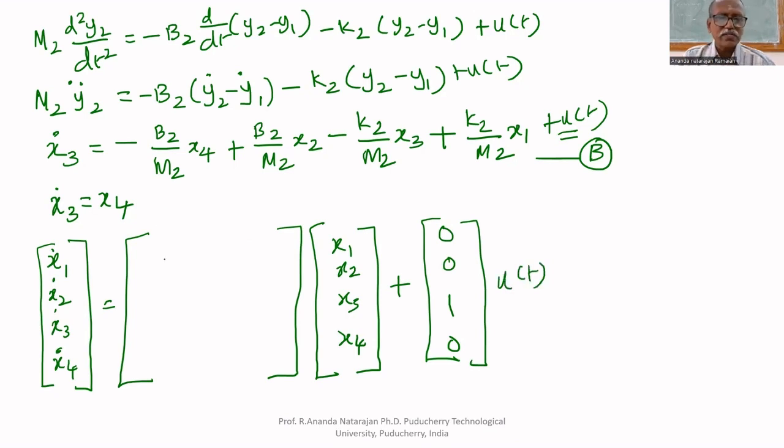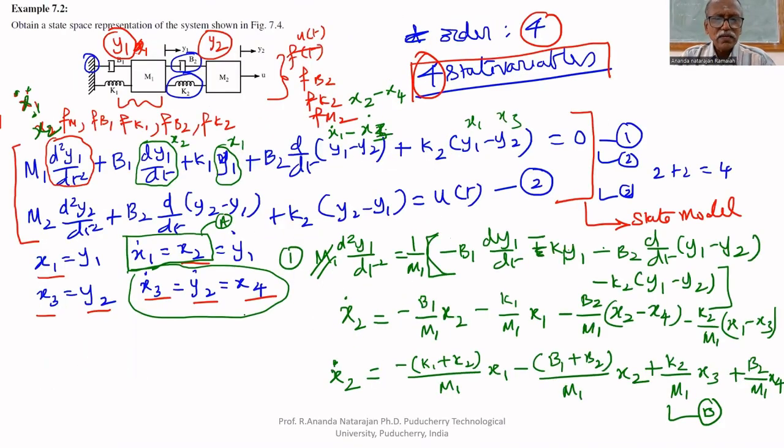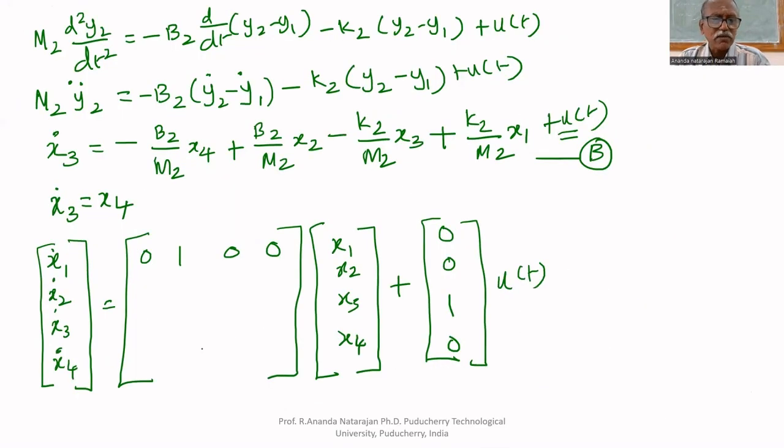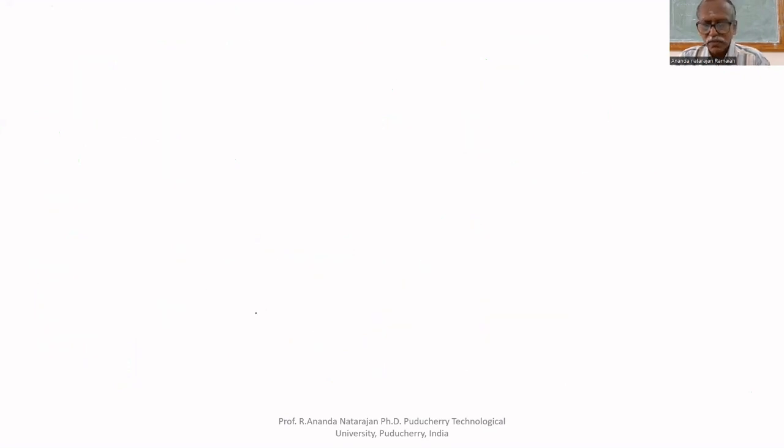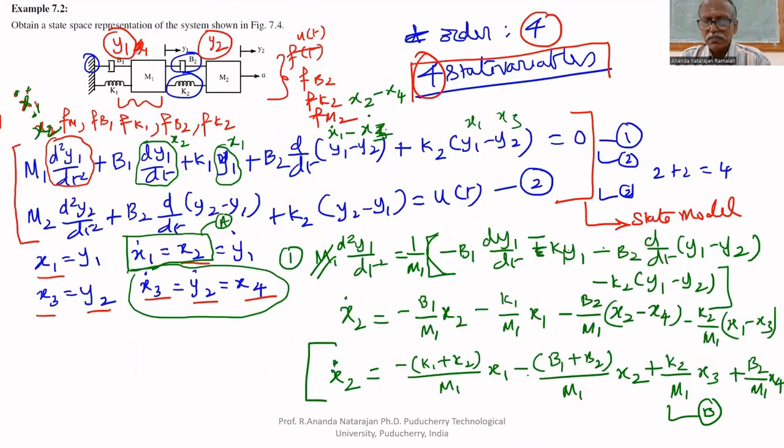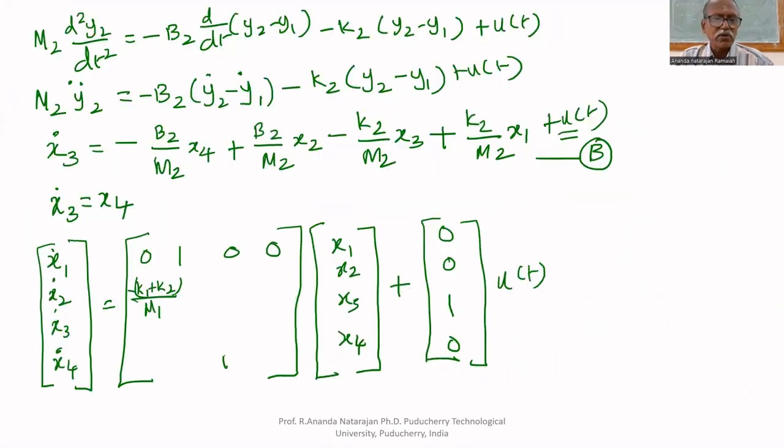Here, what are the coefficients of the first equation? x1 dot equal to x2. Therefore, 0, 1, 0, 0. Then for the next equation, the coefficient of x1 is minus (k1 plus k2) divided by m1. The second element is minus (b1 plus b2) divided by m1.